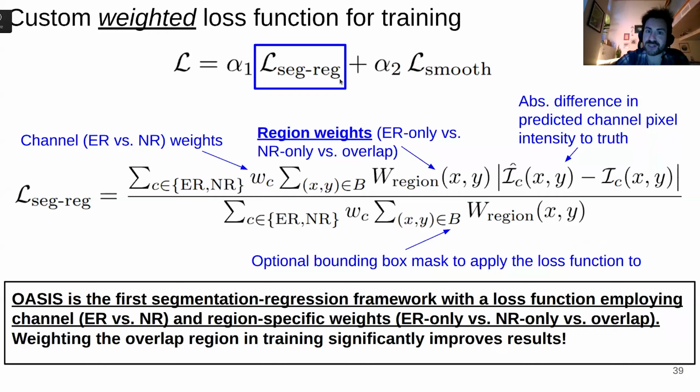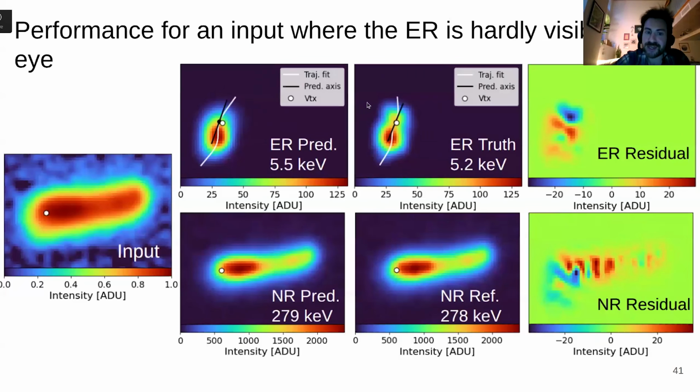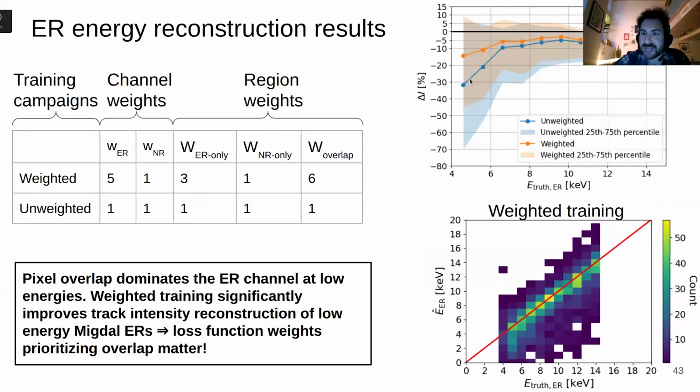That's naive segmentation regression, which is well established, and we get this curve. Zero is perfect performance, meaning your intensity reconstruction matches real data. Then when we added our weights to our training, it significantly improved performance, particularly for these low energy electron recoils where you're dominated by overlap.